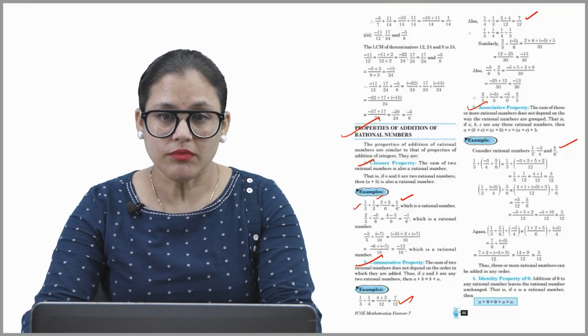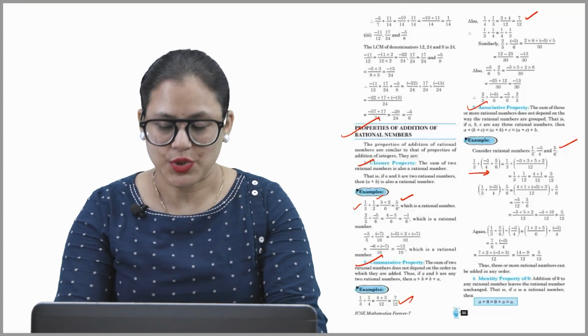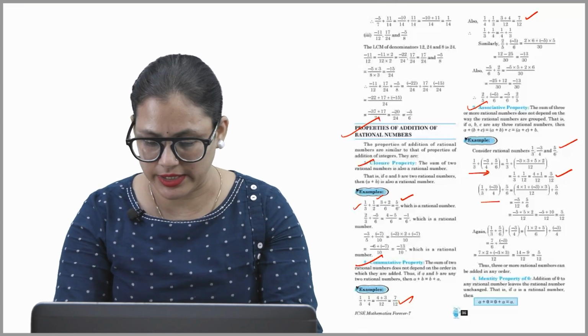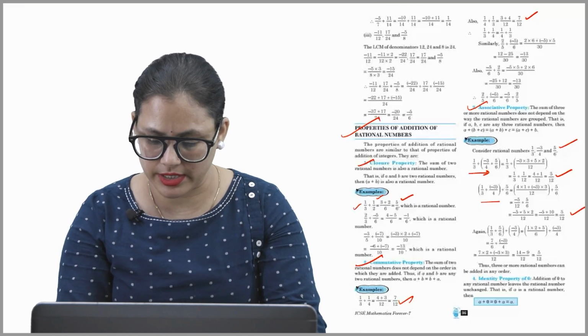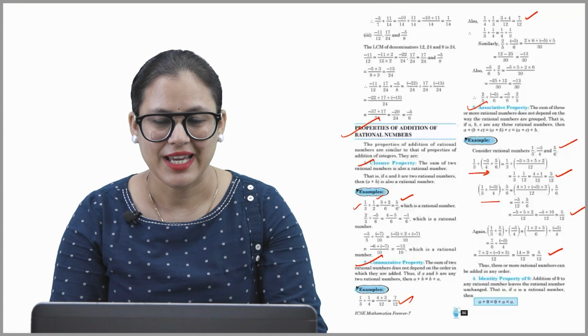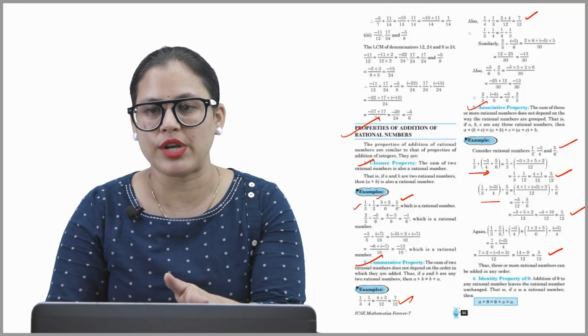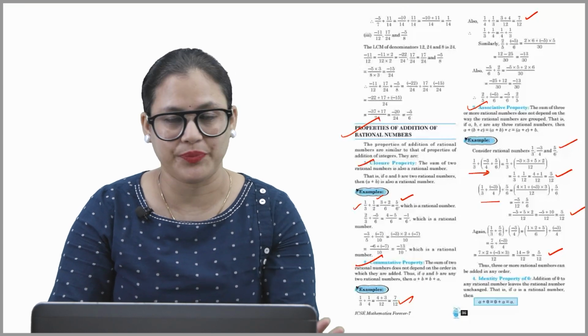So first we will add in this order. We'll get answer 5 by 12. Then we'll change the grouping. Again we'll get the same answer. Then again we'll change the grouping. Again we'll get the same answer. So what does it show? That 3 or more rational numbers can be added in any group, any order, right?